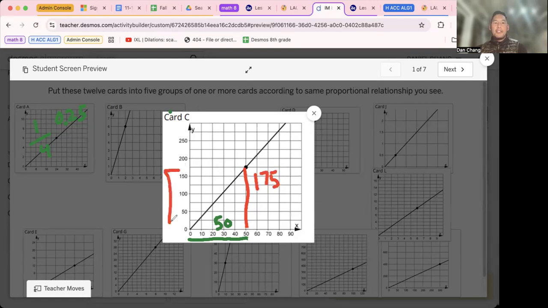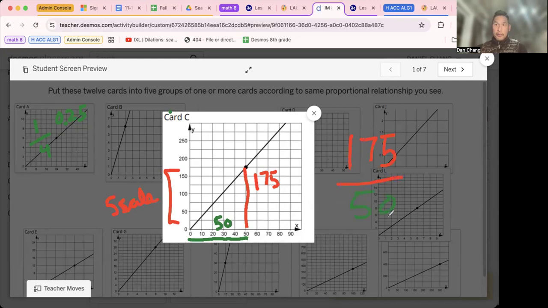You got to pay attention to the scales. Okay, so my slope is 175 divided by, or over, 50.